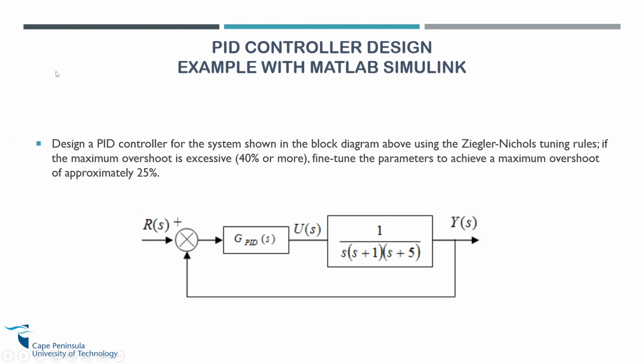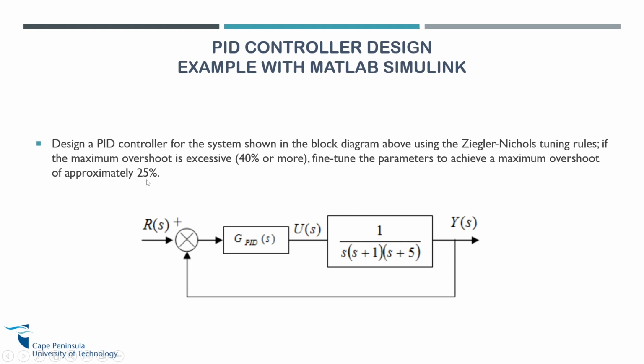Now, this is the question that we had in class. It says design a PID controller for the system shown in the block diagram below using the Ziegler-Nichols tuning rules. If the maximum overshoot is excessive, 40% or more, fine-tune the parameters to achieve a maximum overshoot of approximately 25%.